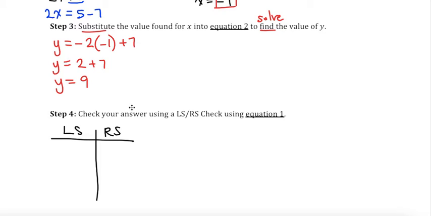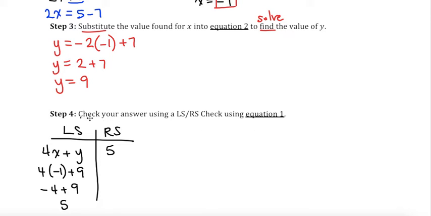The left side of equation number 1 is 4x plus y. The right side is 5. My value for x is negative 1. My value for y is 9. 4 times negative 1 is negative 4. And negative 4 plus 9 is positive 5.